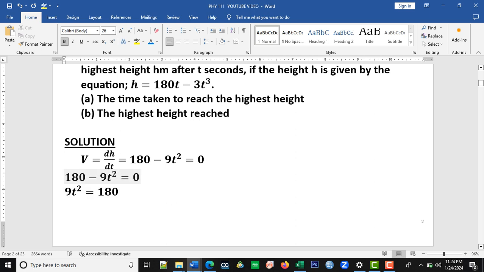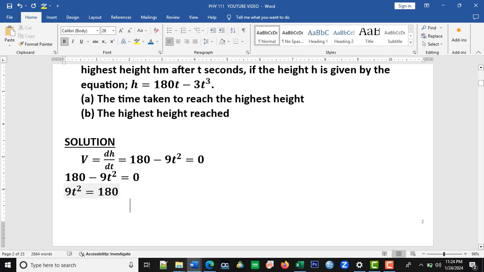If I take the 180 across the sign of equality, I would have minus 180. Minus will cancel minus. Or I take minus 9t squared across. I think that's the best way to explain it to your understanding. The minus sign will change to a positive sign. So that's how I arrived at this.